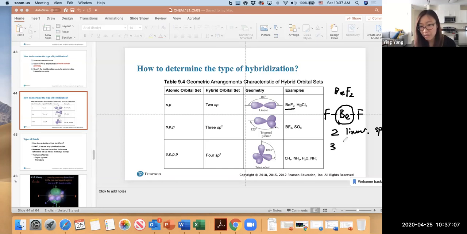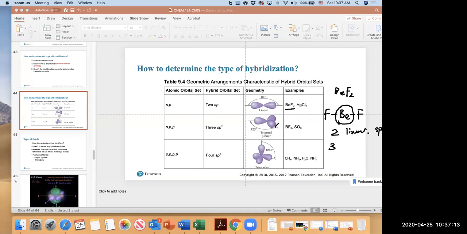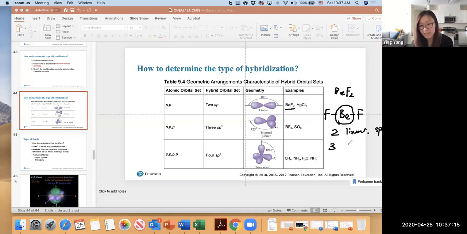And if you have three electron domains, the geometry will be trigonal planar, and to form three hybridized orbitals you need sp2 hybridization. So one s orbital is mixed with two p orbitals in order to get 3 electron domains, and then you have a trigonal planar geometry.